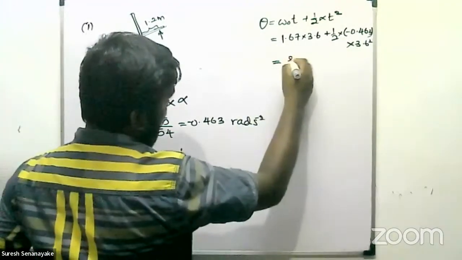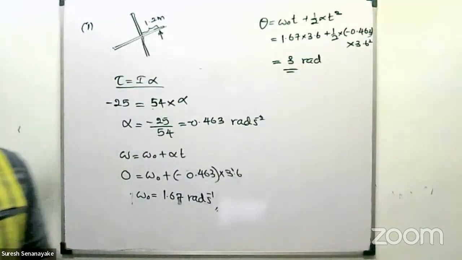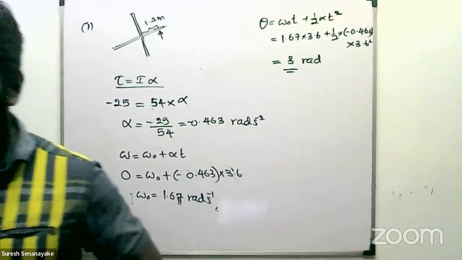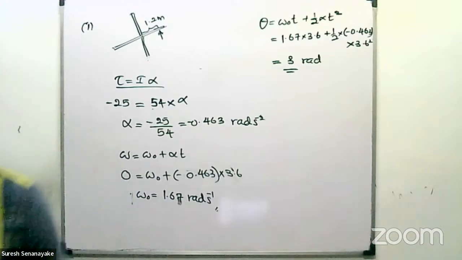Approximately you can get 3 radians. They rotate 3 radians and then stop. This is the angular displacement of the door during this time.